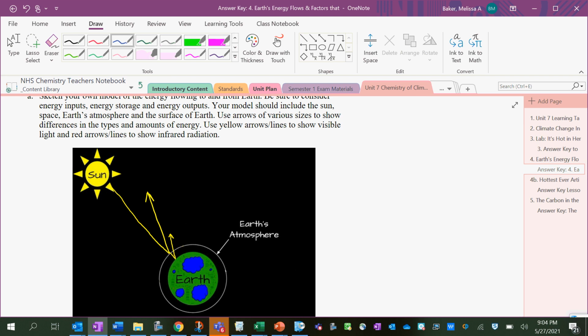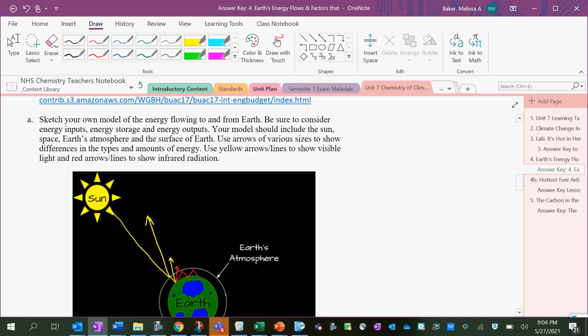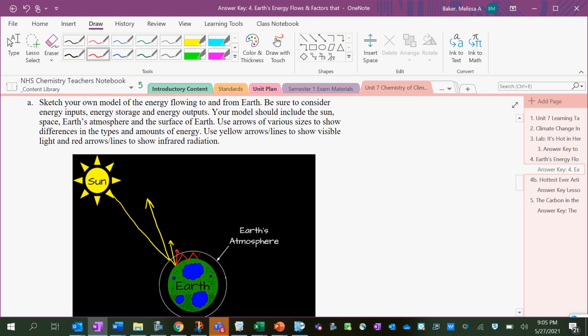And then we've also got some that's escaping that's been converted into infrared radiation, and then there's some that's bouncing around because of the greenhouse gas effects.